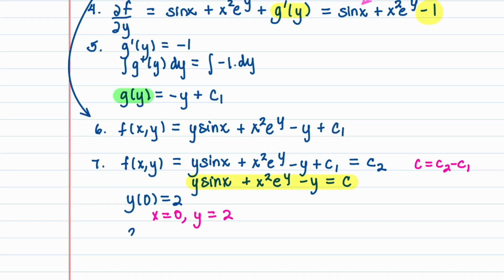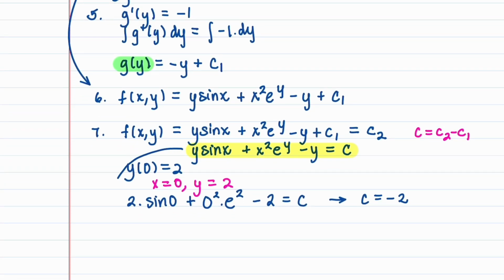This gives us 2 times sine of 0 plus 0 squared times e squared minus 2 is equal to c. And we need to find c. Sine of 0 is 0. Our next term is 0. So this just gives us that c is equal to minus 2.